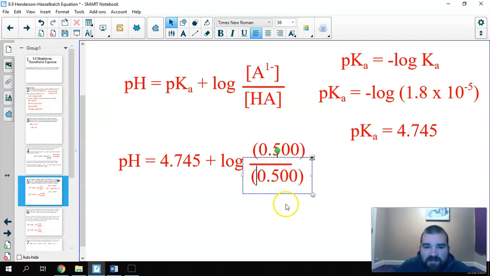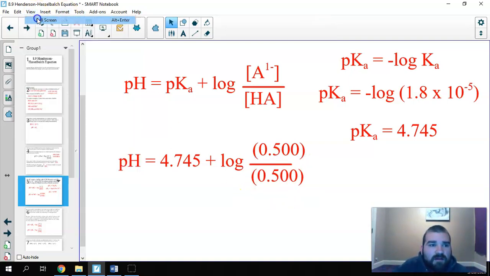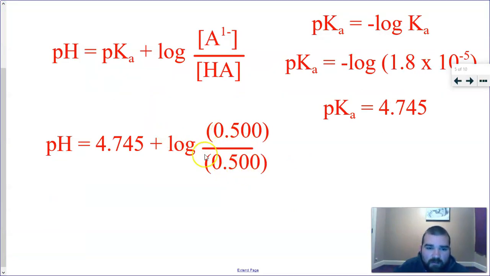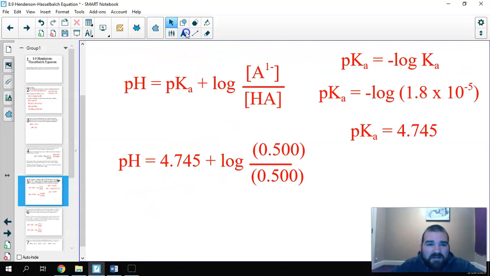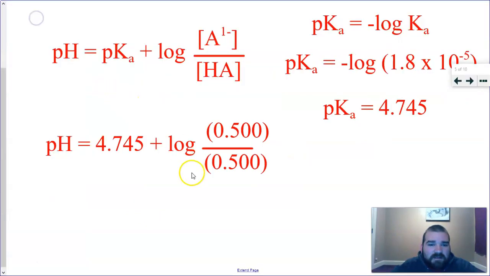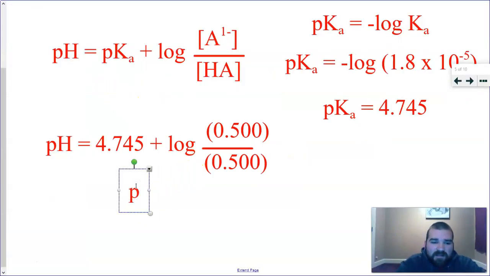If you recognize this is obviously going to be a fraction of 1, the log of 1 is going to be 0, then we know our pH is just going to equal 4.745. But for the sake of argument, you're more than welcome to plug it in. So if I take 4.745 plus the log of 0.5 divided by 0.5, hey, it's the same number. So pH is exactly what we got yesterday. After all the ice table craziness, we ended up with the exact same answer.